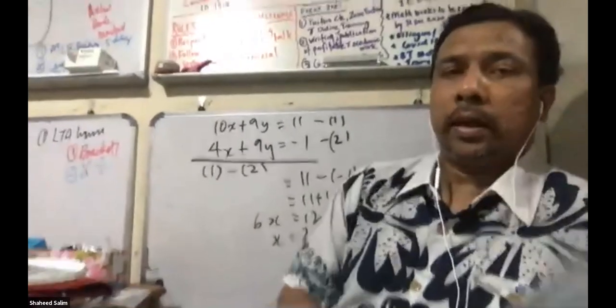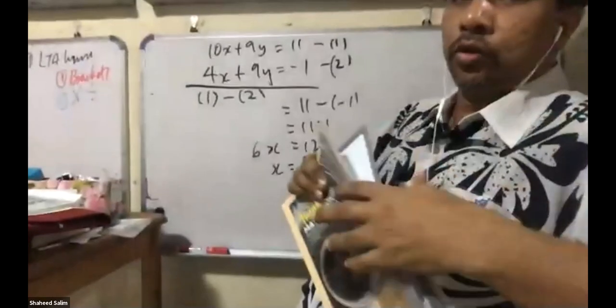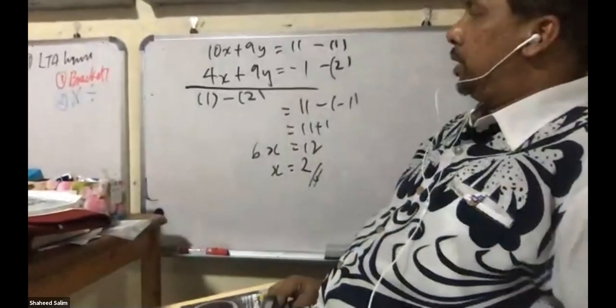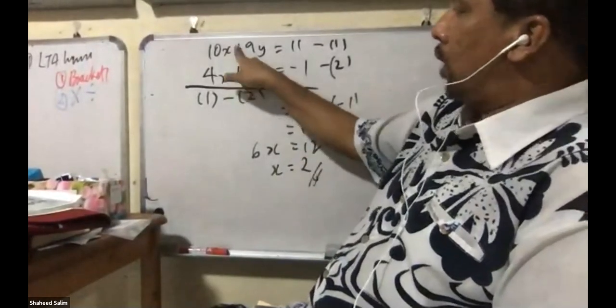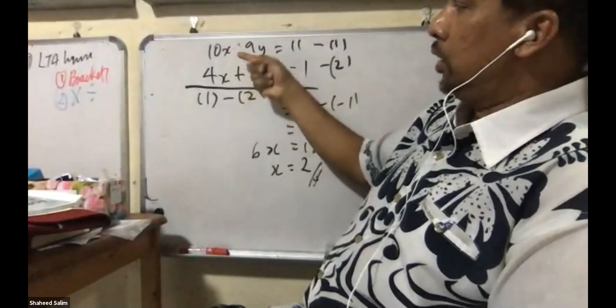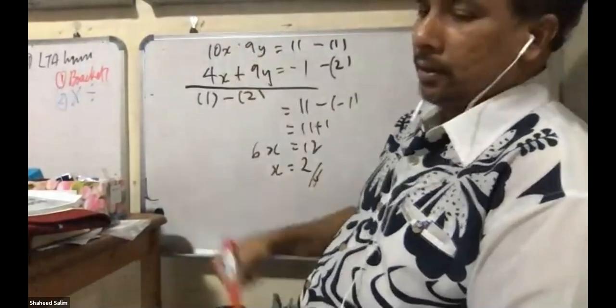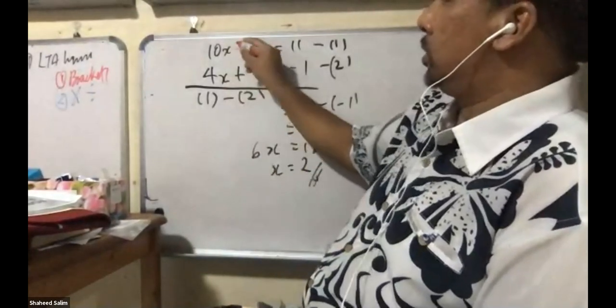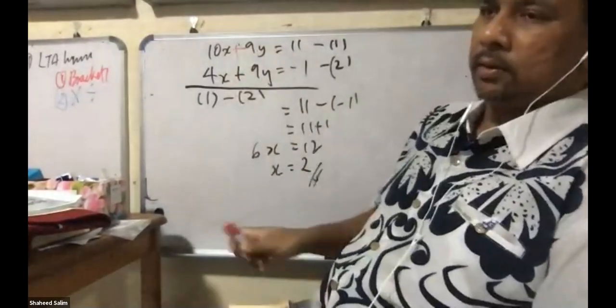Can I see the whiteboard? Sorry. In this case, you have to be careful. If you use minus, it may not work, because in this case one is minus, one is plus. So instead of minus, you need to add. Just as an example, because you have one minus, one plus.